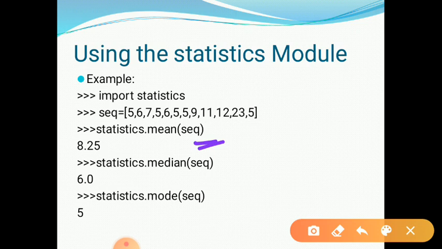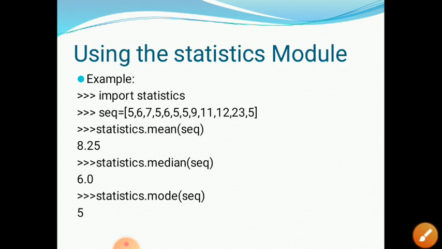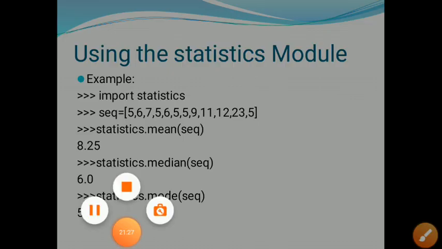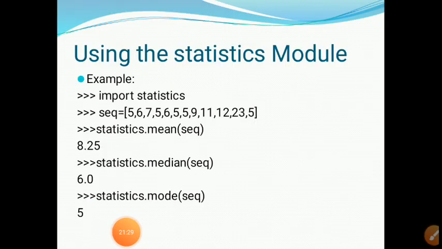Then the median, it returns the median value from that list. And the mode returns the value that is repeated the most times. Look at our sequence here, 5 is repeated the most. So for that we are using the statistics functions.